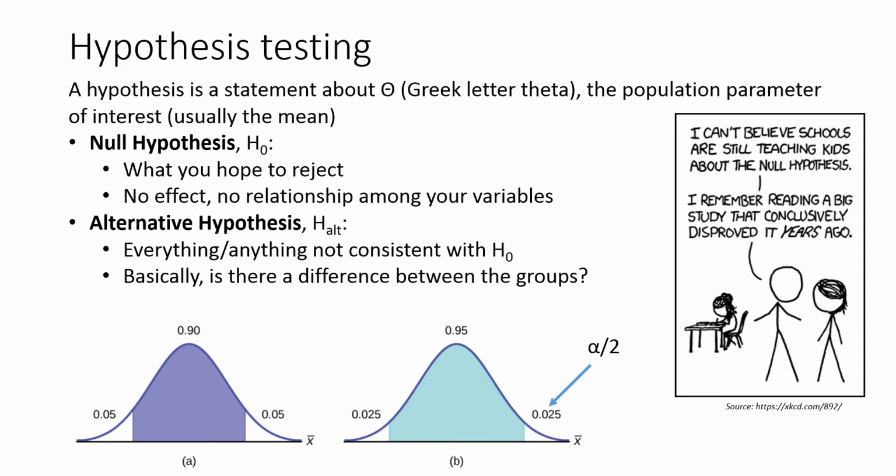Some of the tests you might have encountered, like t-tests, can be one-sided or two-sided, and those are really posing different hypotheses. A one-sided t-test could just be looking at one side of your distribution. In this case, we have our alpha, which is 0.05.